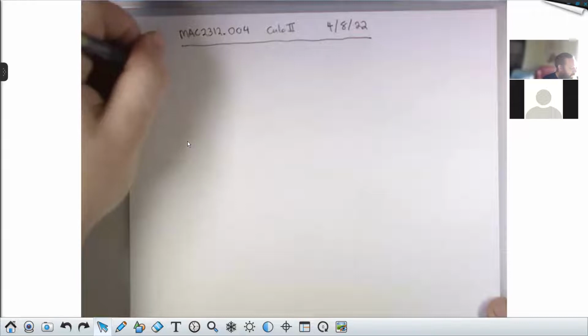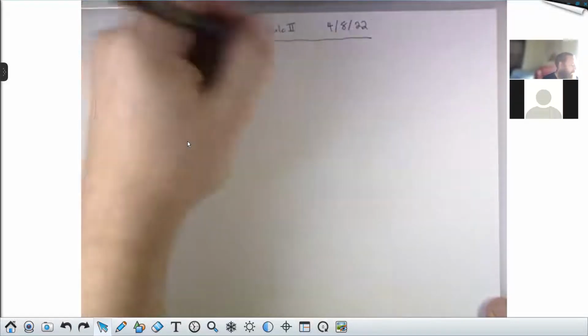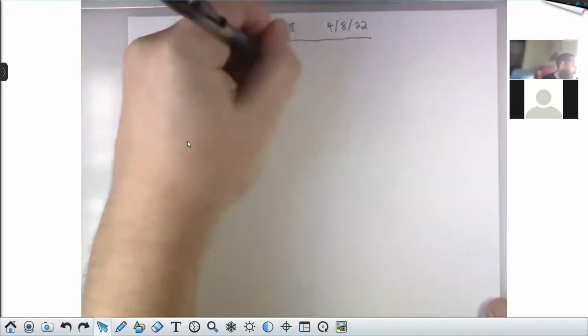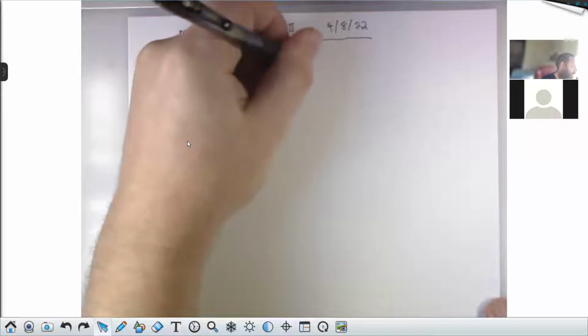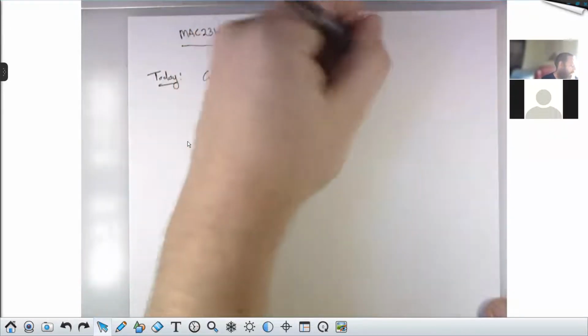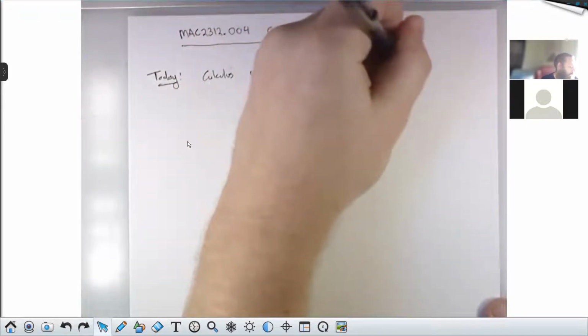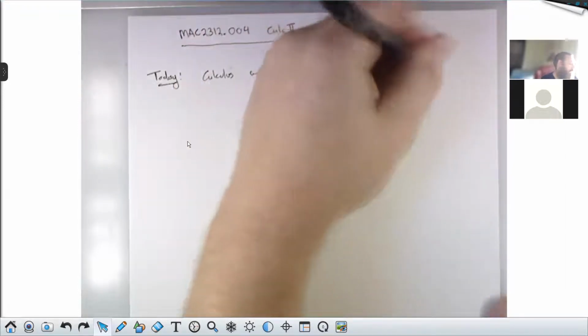As I mentioned, today we're doing calculus with parametric curves, which is section 10.2, and really this is kind of part one.